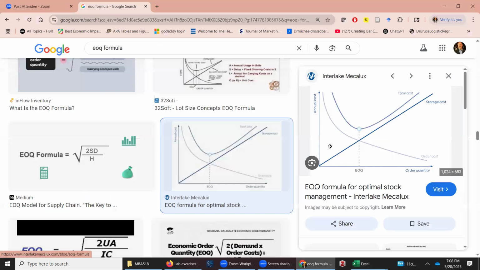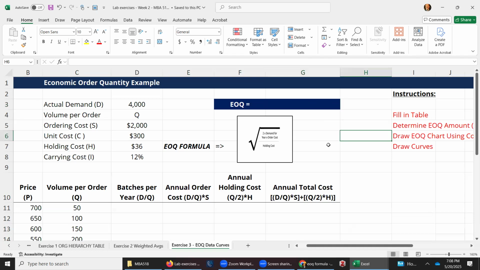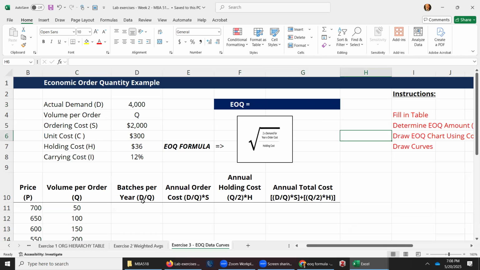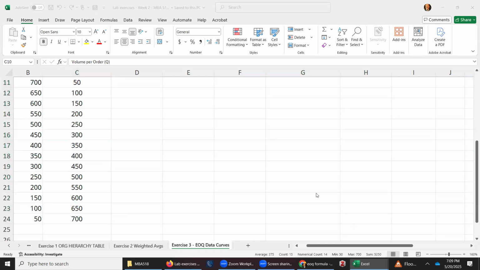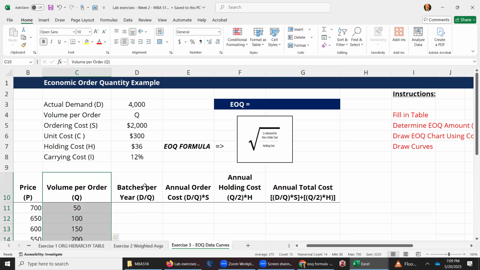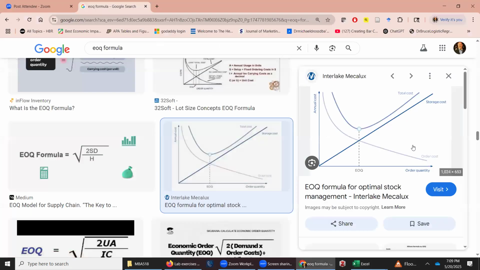So are there going to be four lines on the EOQ chart: batches per year, annual order cost, holding cost, and total cost? Yep. Here's your volume right here, and that's going to be your x-axis. Then you're going to have your batches per year, that's demand divided by quantity. Then you've got this curve and this curve.